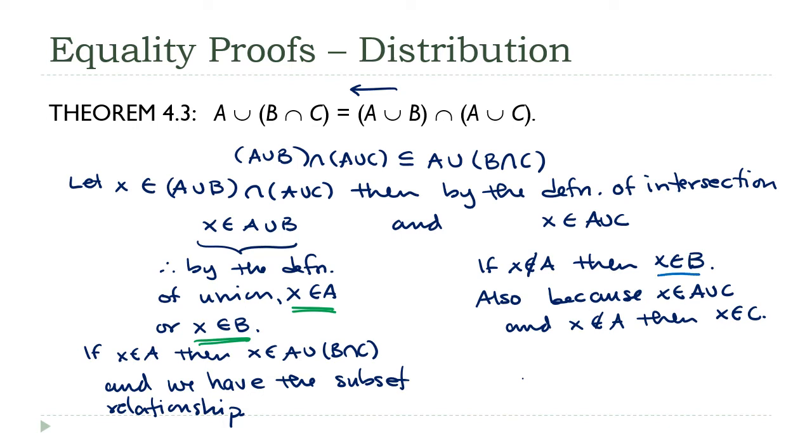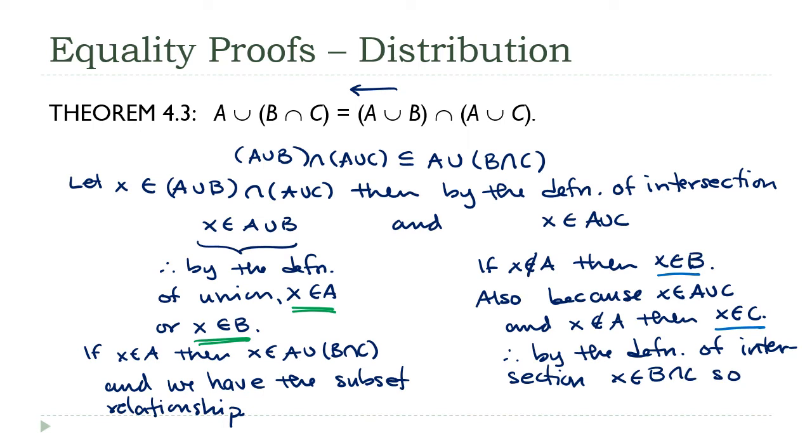X is an element of B, and X is an element of C. Therefore, by the definition of intersection, X is an element of the intersection of B and C, so X is an element of A union B intersection C, which again proves the subset relationship that we needed.